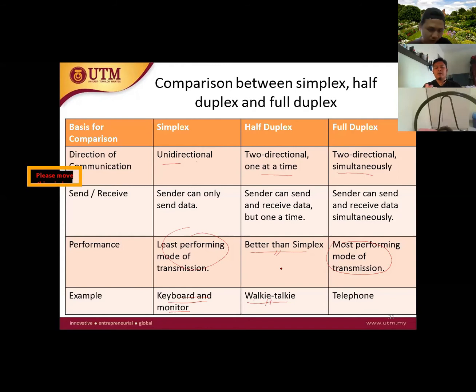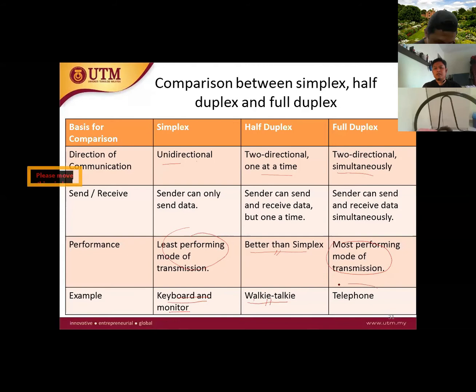You have a button, you have to press and then release. Press when you want to talk, and release when you listen. So in one set of walkie-talkie communication, if we have many walkie-talkies involved, only one can talk at one time.